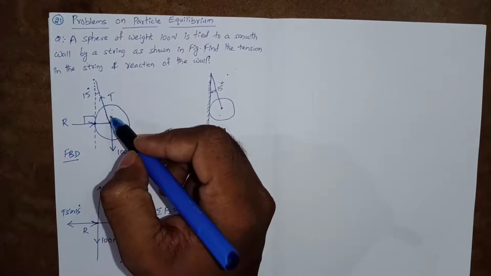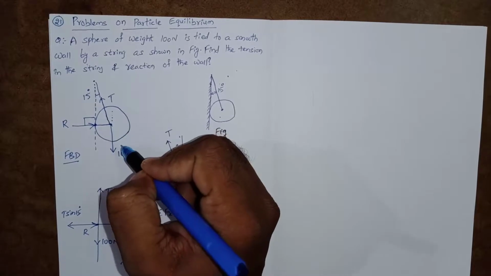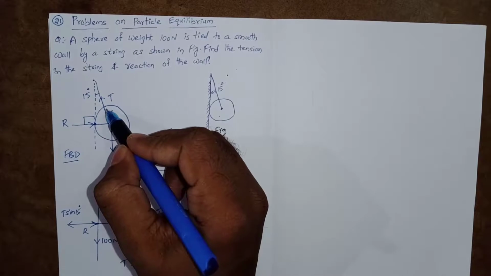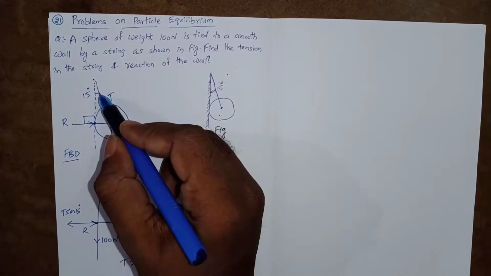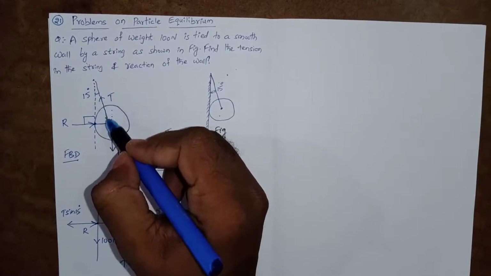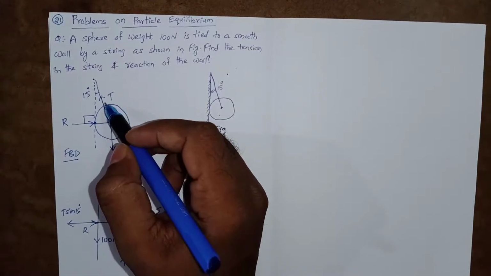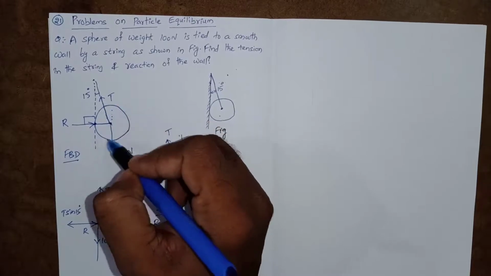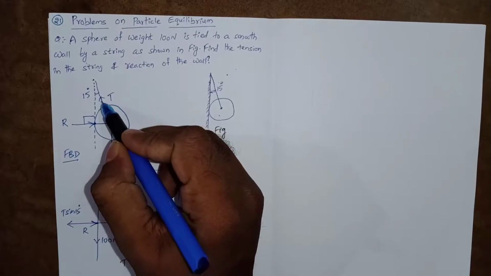Simultaneously, when the sphere is pulling this string in the downward direction, the string also pulls the sphere in the upward direction, with the same magnitude, along this string. Now remove this string and show the reaction exerted by this string on the sphere. That is nothing but the tension. Now this tension will be in this direction.